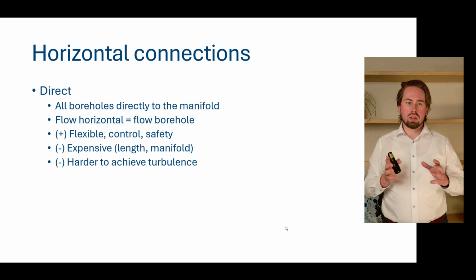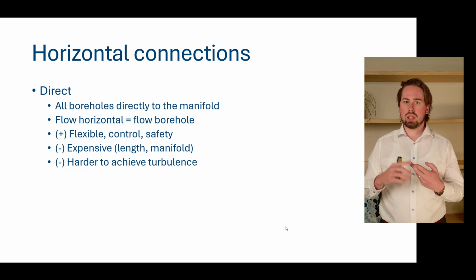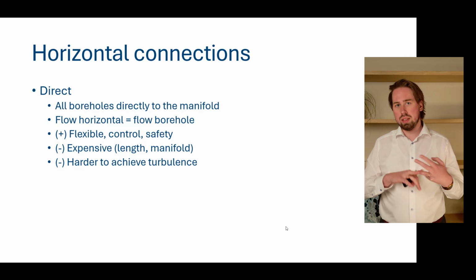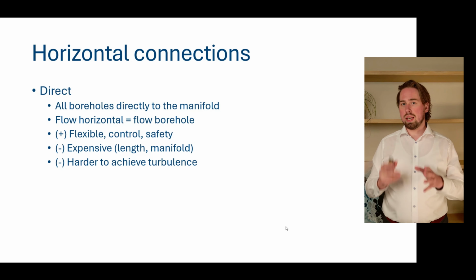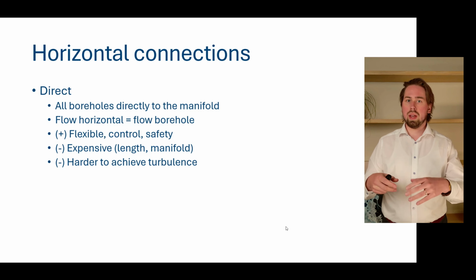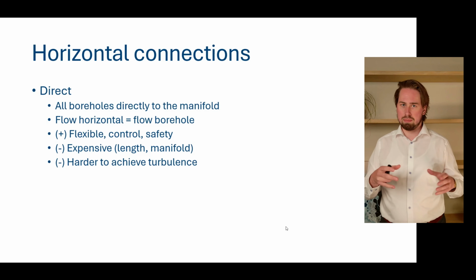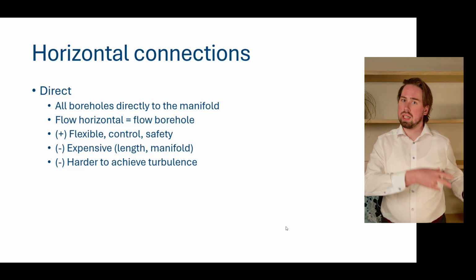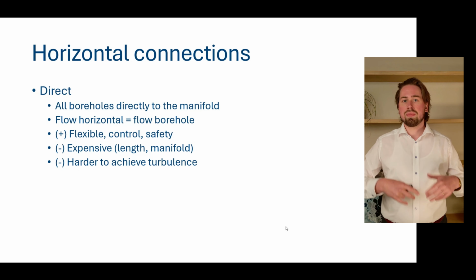To start, we have 4 different types of hydraulic connections: direct connections, parallel connections, Tichelmann connections, and series connections. In the case of a direct connection, this means that we have a manifold somewhere. For bigger bore fields, it's perhaps a manifold chamber outside of the building or at the edge of the cellar.